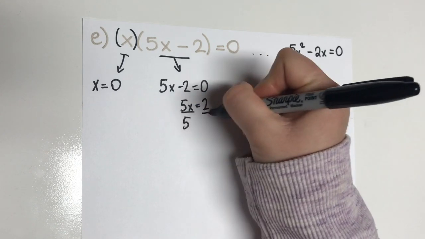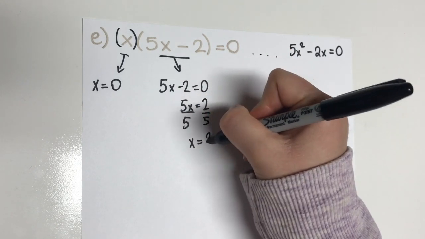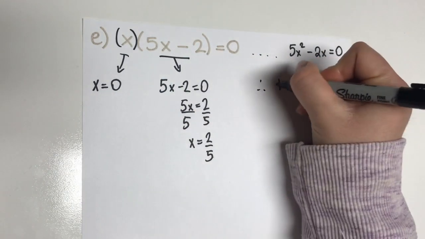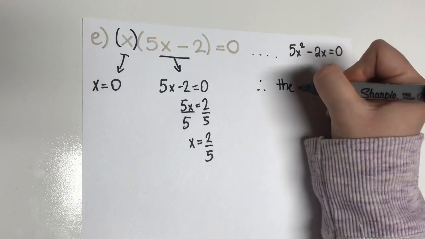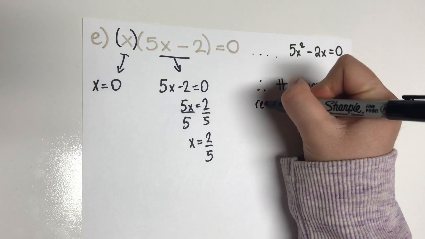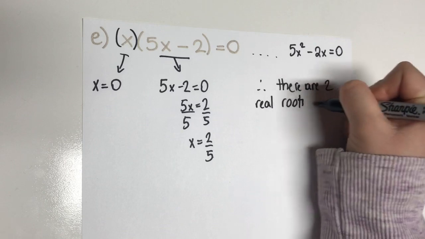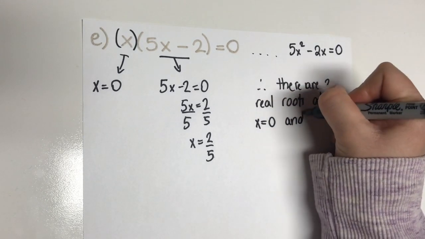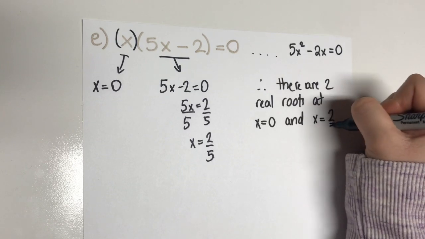Divide both sides by 5, and I'm left with x is equal to 2 over 5. So those are my two roots. So there are two real roots at x is equal to 0 and x is equal to 2 over 5.